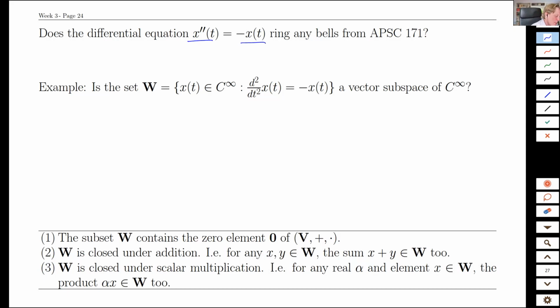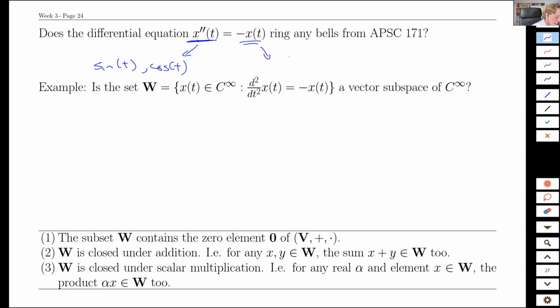But this should hopefully ring some bells. What functions, when we differentiate them twice, give us the negative of the original? Well, there's two answers to this. There's the mathematical answer, which is sine of t and cos of t.